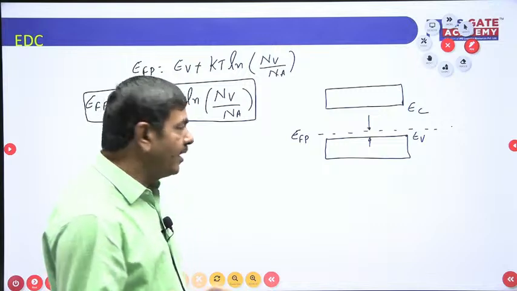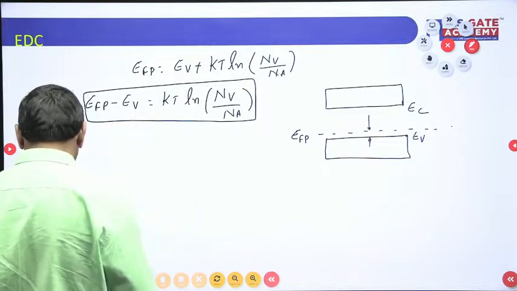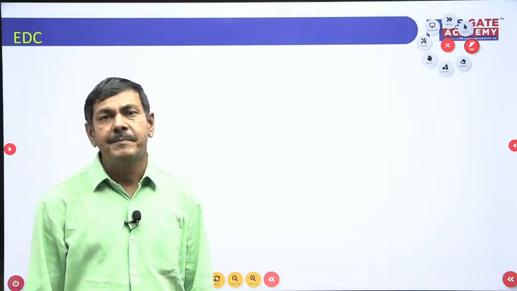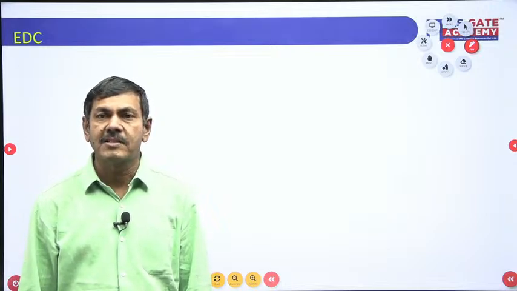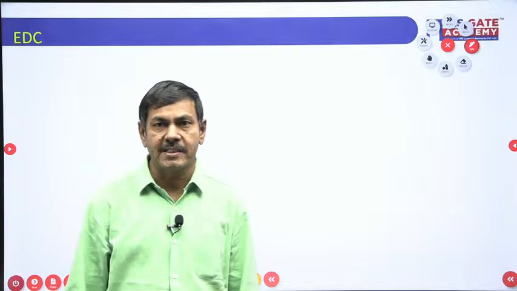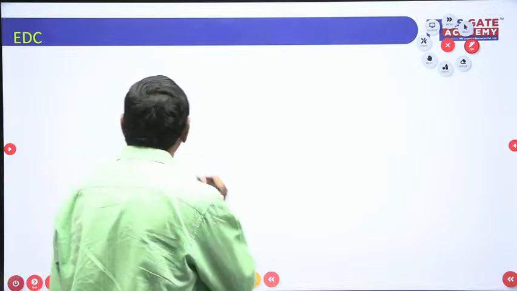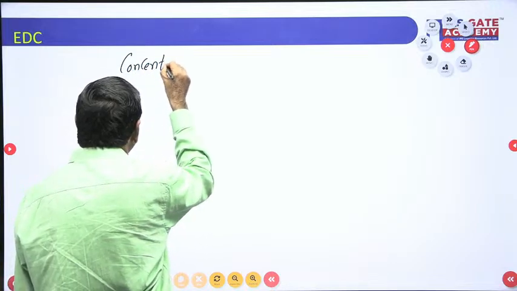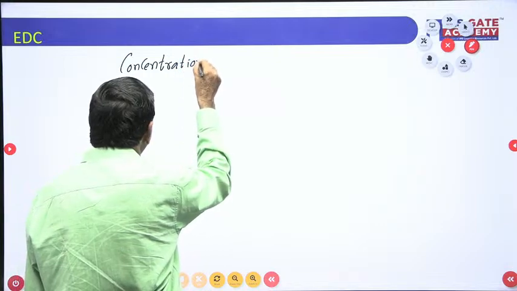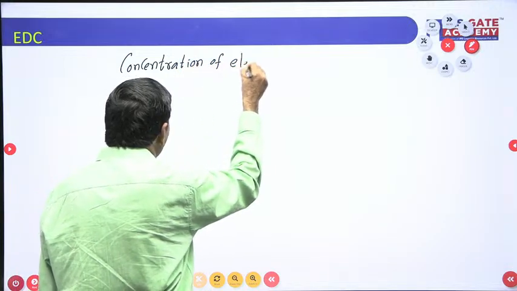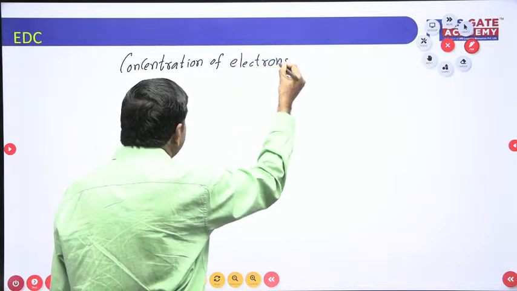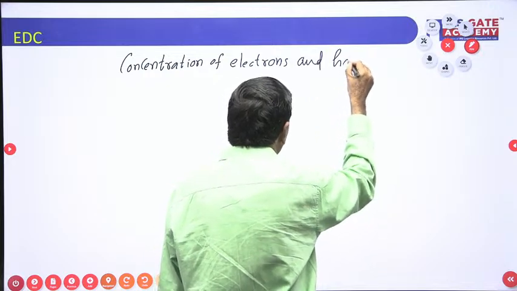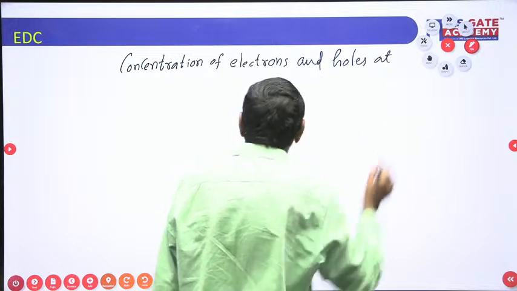And a few more important points I want to give here now. What are those points? Please listen. When the conductivity of the semiconductor is minimum, how to find out the concentration of electrons and the concentration of holes? That also I want to give here. Sometimes questions are asked in GATE based upon this: the concentration of electrons and holes at minimum conductivity.